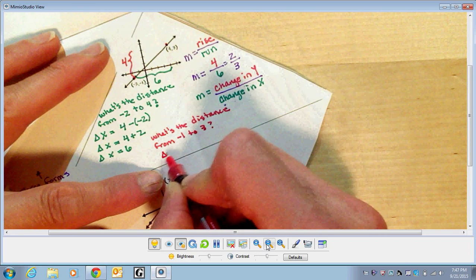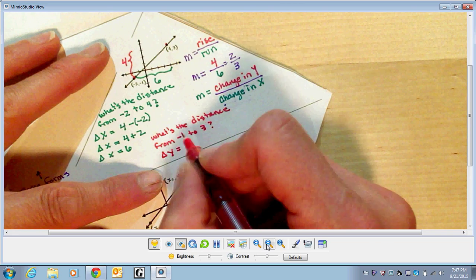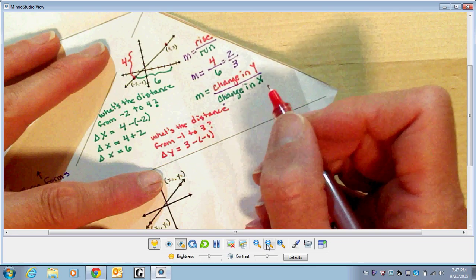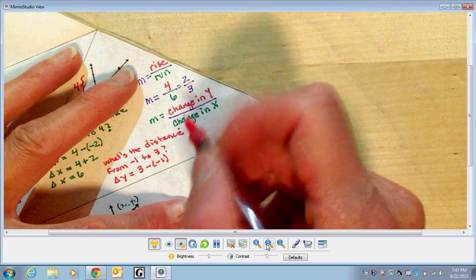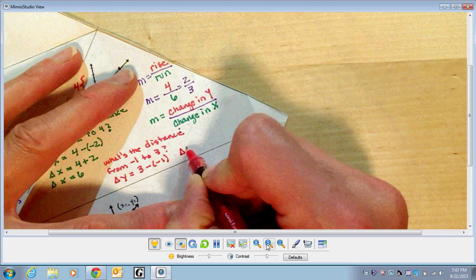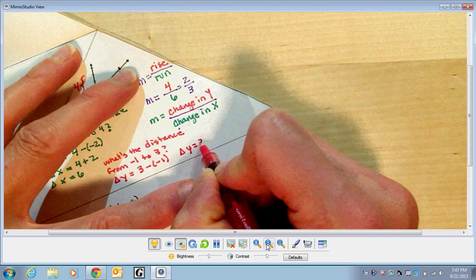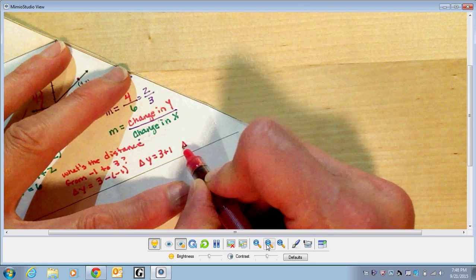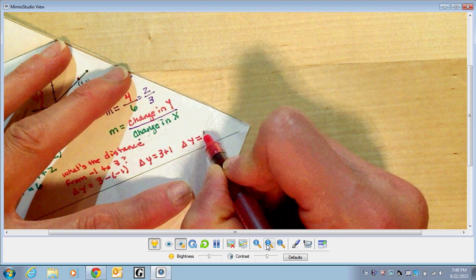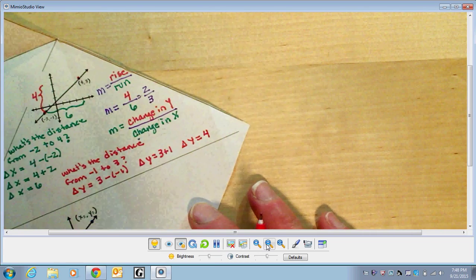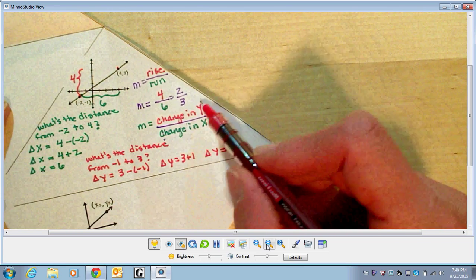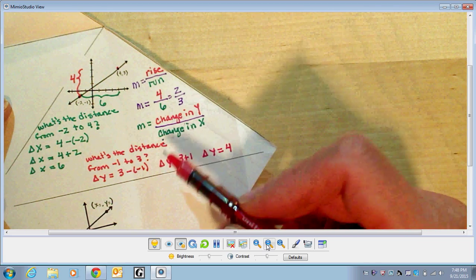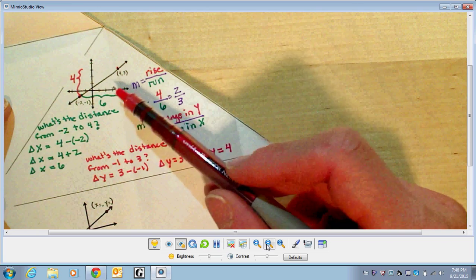Well, our change in y is going to be 3 minus -1. So that means that our change in y is 3 plus 1, which means that our change in y is 4. Okay? So that's what we had. Our change in y is 4, and our change in x is 6. So that's how we could go from point to point to find the distance.